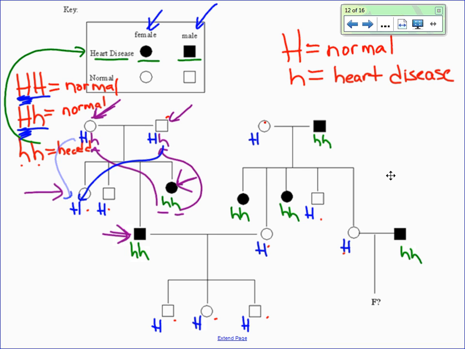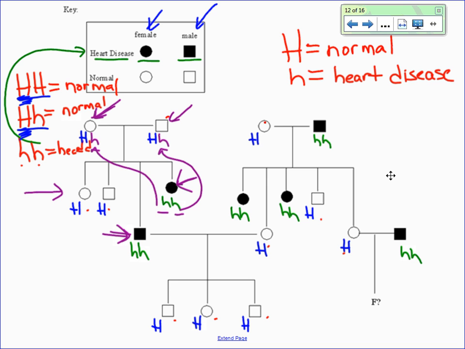It's also possible that this parent gave a big H and this parent also gave a big H, and that would make this organism big H, big H. Without knowing that lady's kids, we actually can't say for sure one way or the other whether this person is big H, big H or big H, little h.